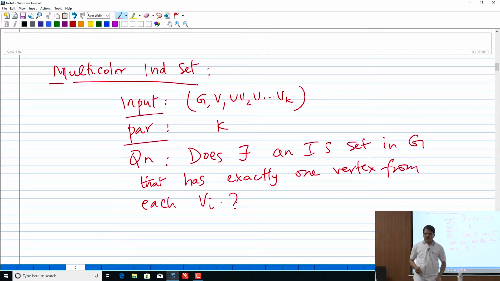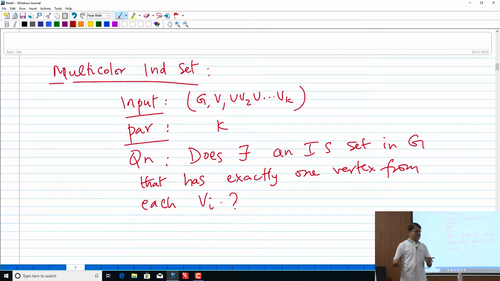Think of it as my vertex set is partitioned into k parts. And now I am also looking for a k-sized independent set, which in general is W hard, we already told you. But I am saying even on this special question where I want an independent set of size k, each vertex should come from each of the Vi's.